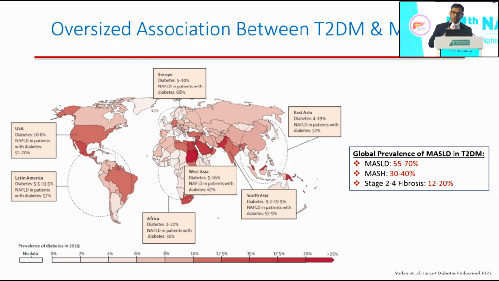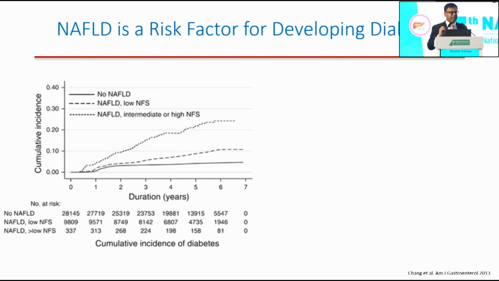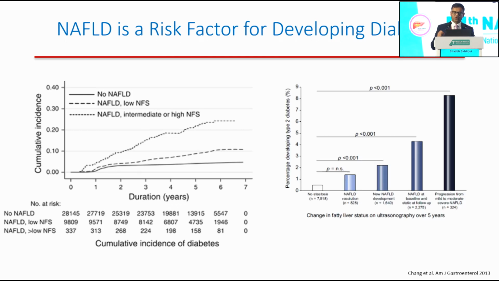So this just shows how the two interact. In patients who have MASLD but don't yet have diabetes, the likelihood of progressing to diabetes is considerably higher, sometimes 2, 3, 4, and even 500-600% higher in some studies. Now, the reverse is also true.